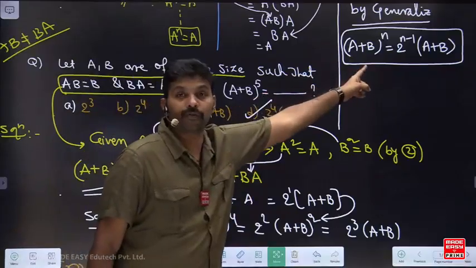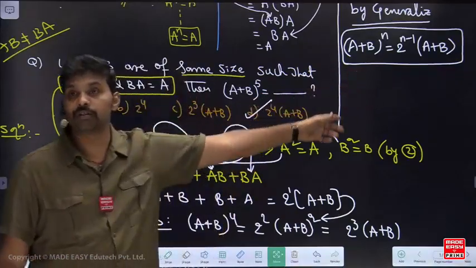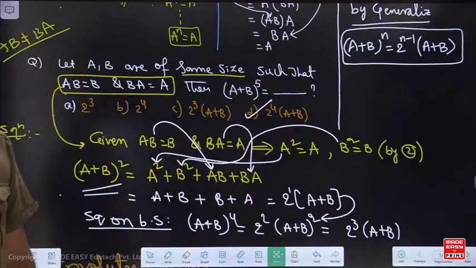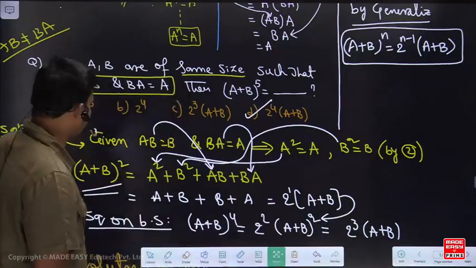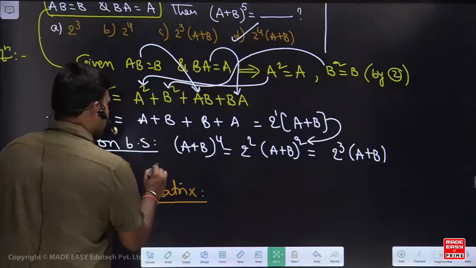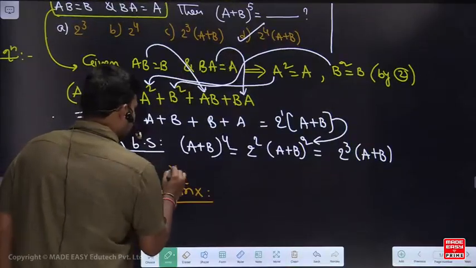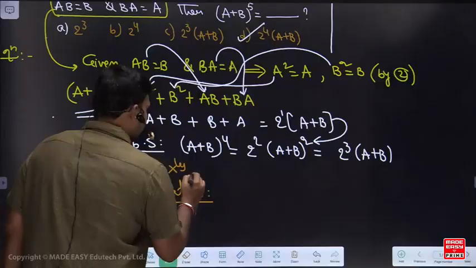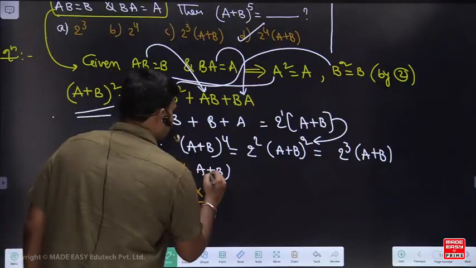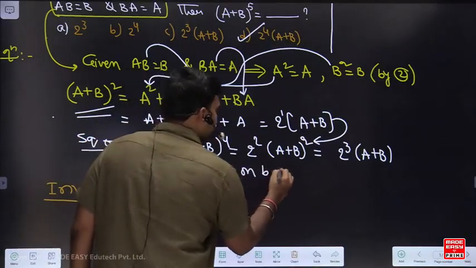See, you are forgetting this. I think you have not seen this. Otherwise, what you do is one more time, multiply (a plus b) on both sides.